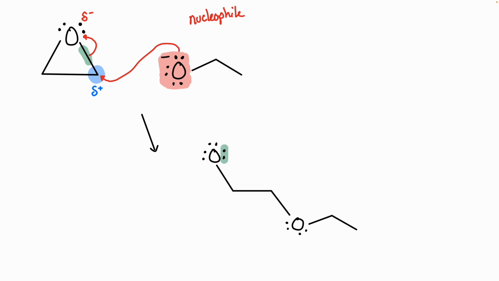And since it's got 3 lone pairs, what am I going to make sure to include? Negative charge. That negative charge.